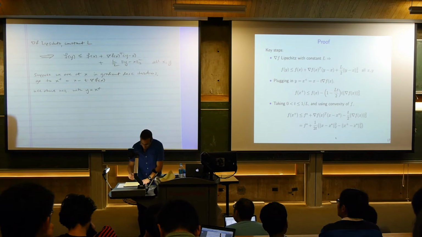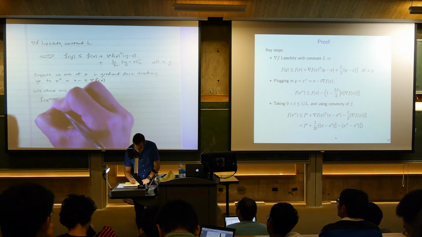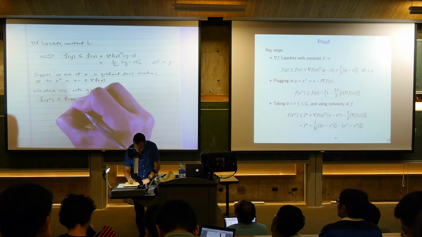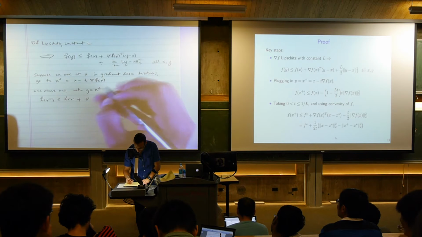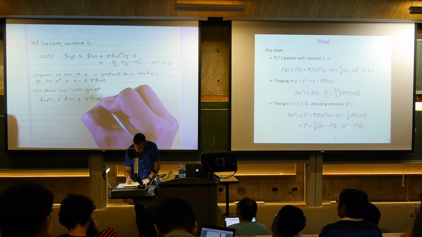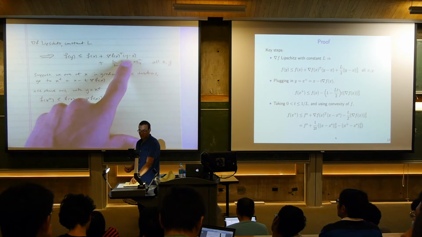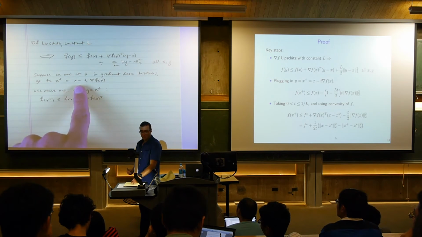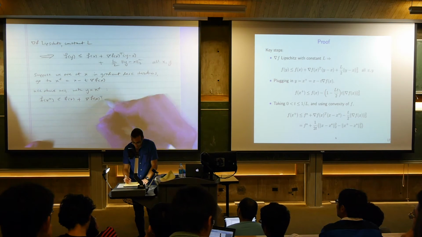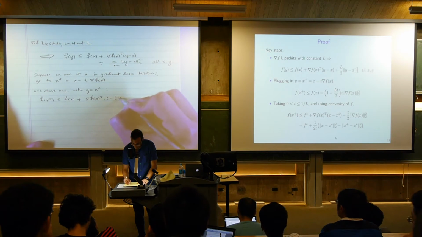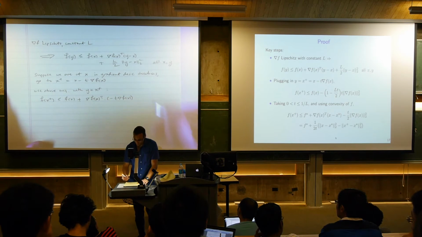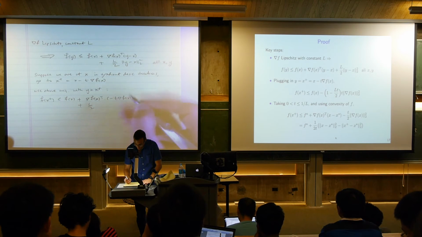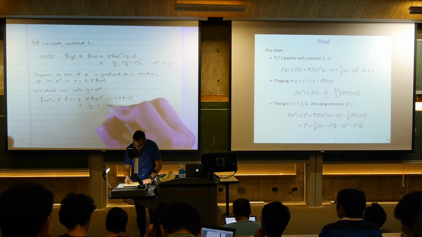When we do that, we see that f of x plus is less than or equal to f of x plus the gradient of f of x transpose times y minus x. Now what's y minus x when y is x plus? It's just minus t times the gradient. And it's the same thing here.